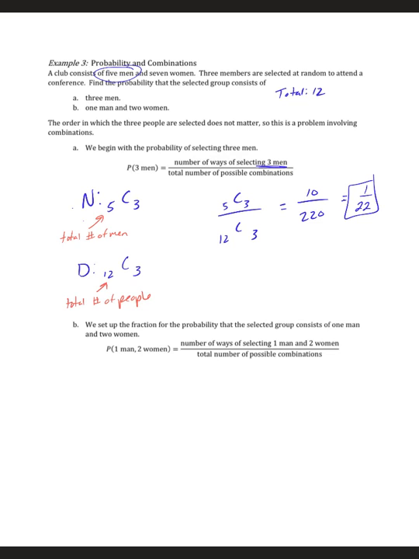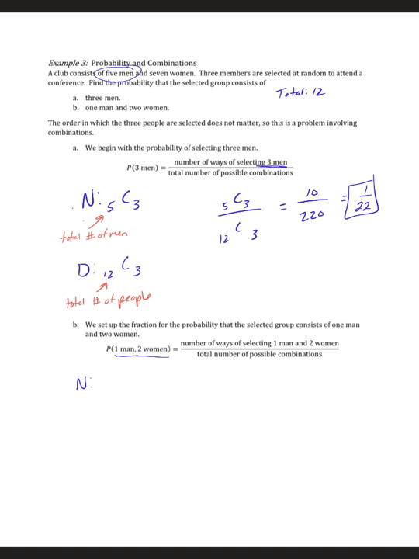Now we want to go on to part B. We have to compute the probability of 1 man and 2 women being selected for this committee. For the numerator, we have to take two things into account, because now we're talking about men and women, whereas in part A we were just looking at the men.